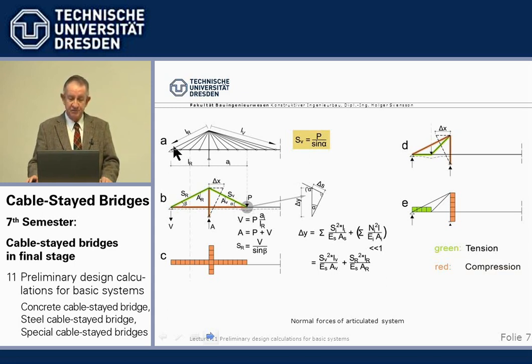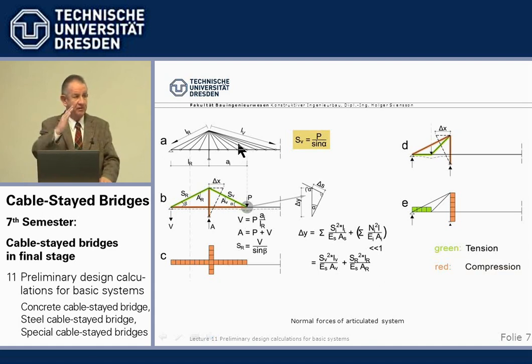It is also true, of course, if we calculate this support reaction here, that then the backstay cable force is the support reaction, the vertical, divided by sine alpha.